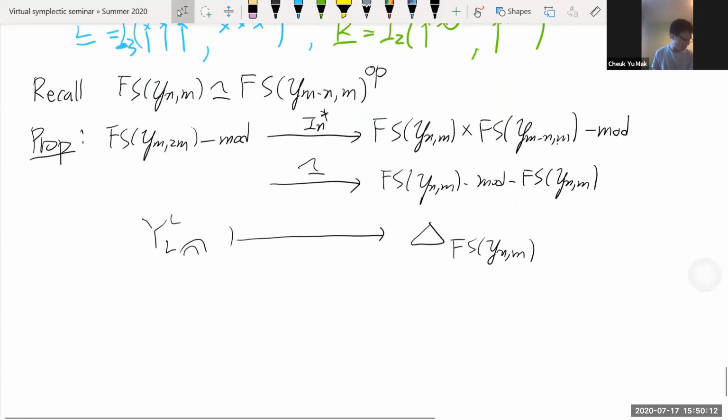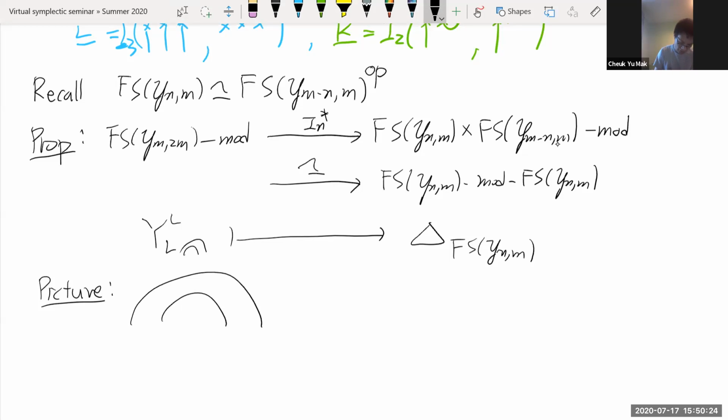Let me explain why using pictures, but not an actual proof. So the left Yoneda embedding of this distinguished Lagrangian is like this. This is the L rainbow.